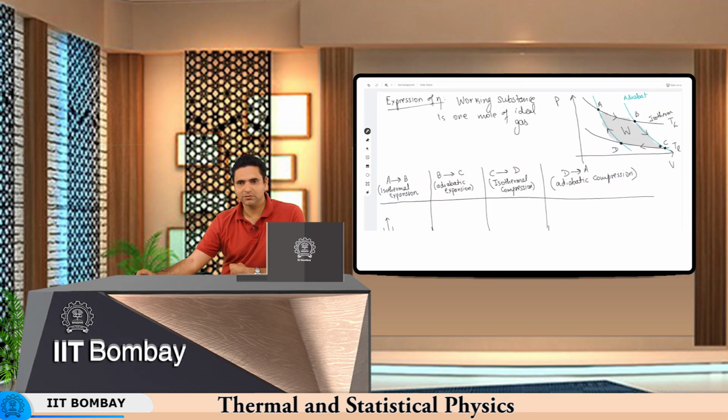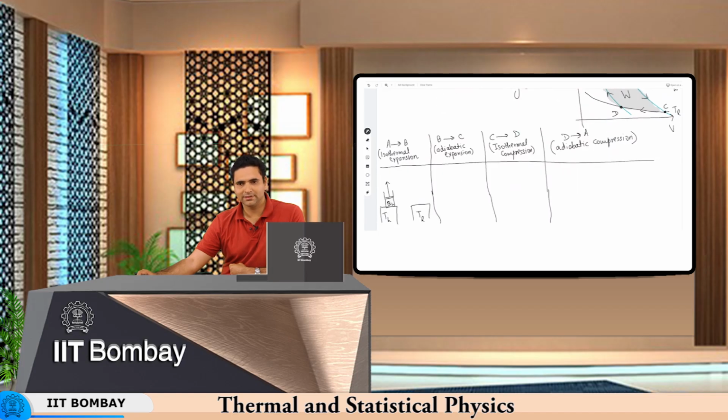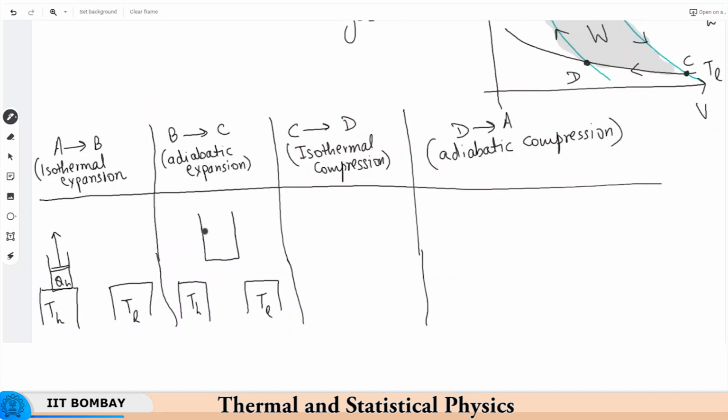The process B to C is when we isolate this system and expand it adiabatically, right. Again we have the hot and cold reservoirs, and we remove this system from these reservoirs and let it expand, and in this case the temperature of the system lowers from TH to TL. Since it is not in contact with any reservoir, this is an adiabatic process.